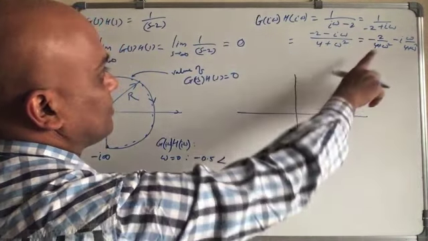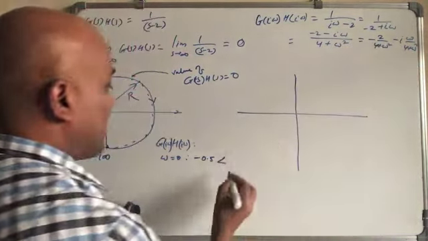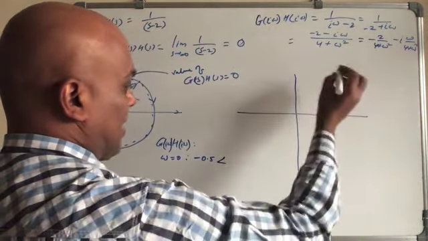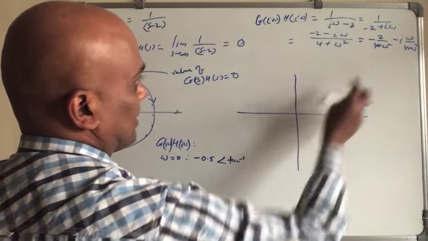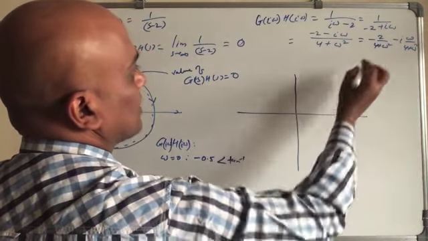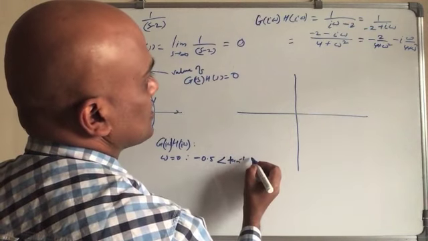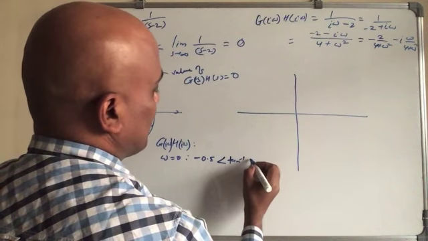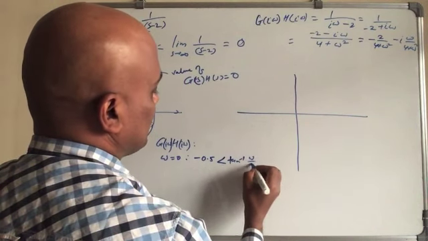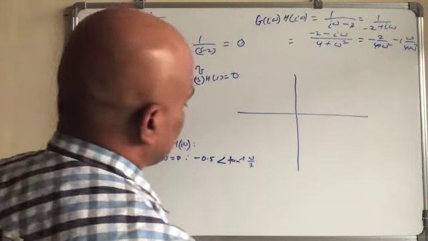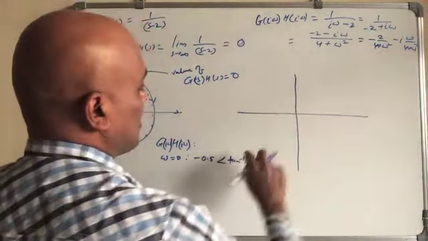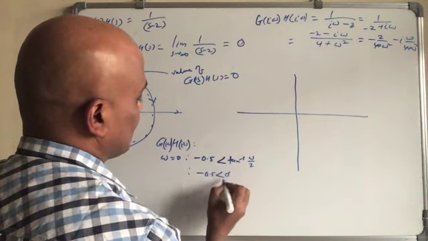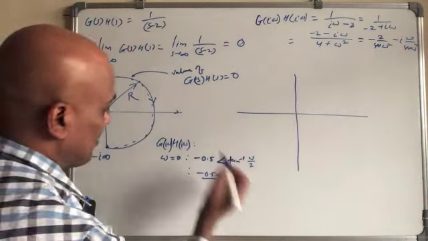The angle is tan inverse of 0 over this value, minus 0.5. So tan inverse we get ω over 2 basically, and as ω tends to 0, it is 0 degree, so you get simply minus 0.5 at 0 degree. So that we get on one side.